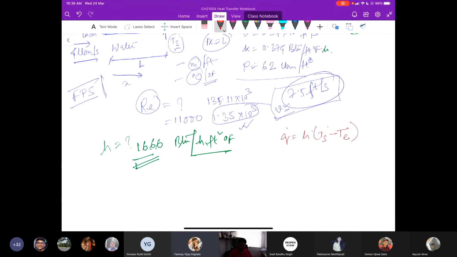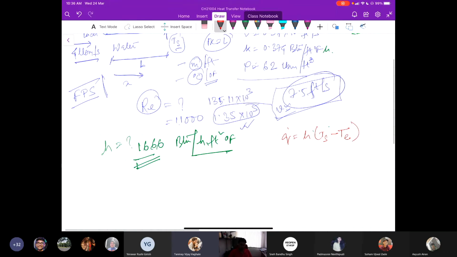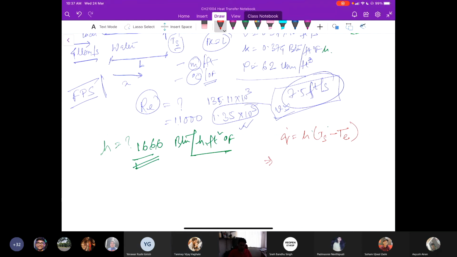From that we will get Ts at exit. Right. So this is the surface temperature at the exit, just like we have solved in the last class.